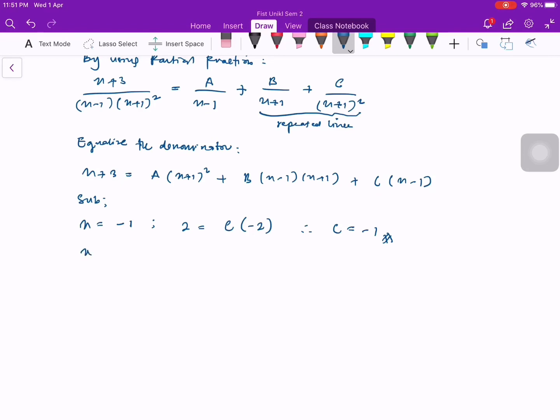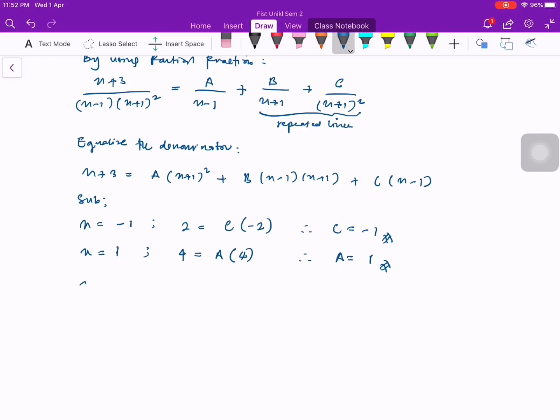Okay, then I substitute x with the second one. I'm choosing x is equals to 1, so that I will cancel c and b. Okay, then I'm going to have the value of a, and if I choose 1 here, it will become 4 is equals to a times with 2 squared become 4, and a here will become 1, a is equals to 1.